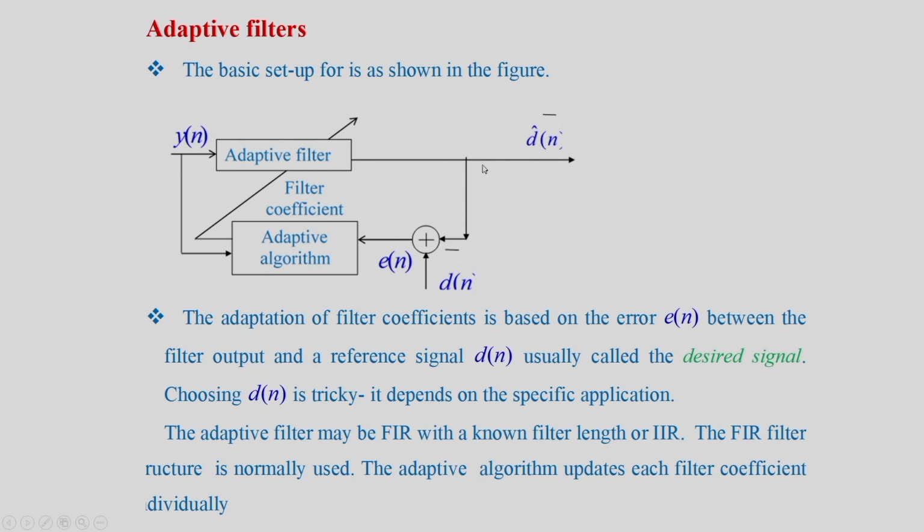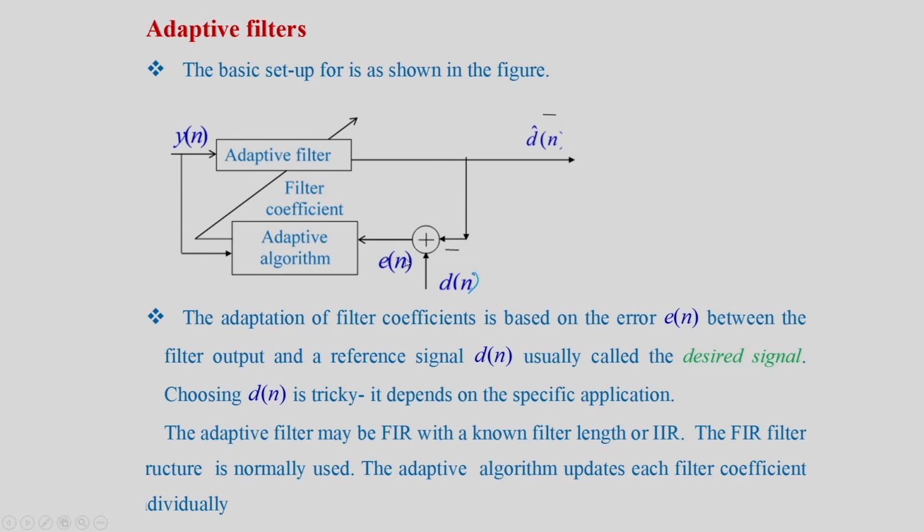In the case of an adaptive filter there is a reference signal, this is d[n]. We want to match the output of this filter with this d[n]. So d[n] is the desired output, which we know somehow, and whenever there is no matching, an error will be there.